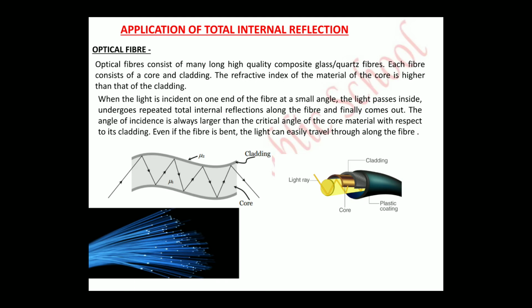Even if the fiber is bent, this is very important, the light can easily travel along the fiber. I hope it is clear why the cladding is of less refractive index, so that the light must go from denser to rarer medium when it is moving from core to the cladding.